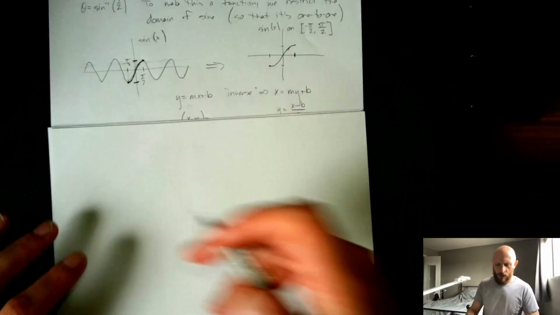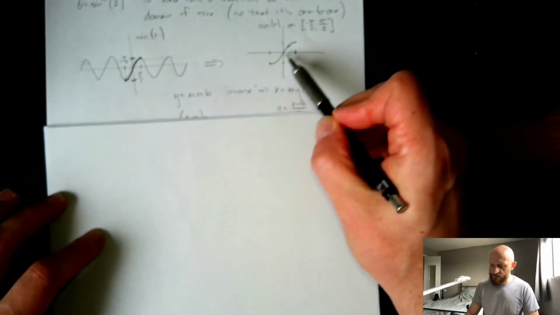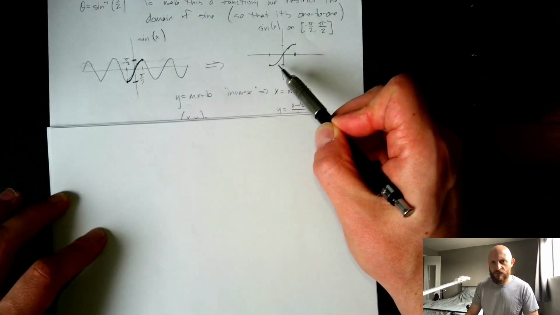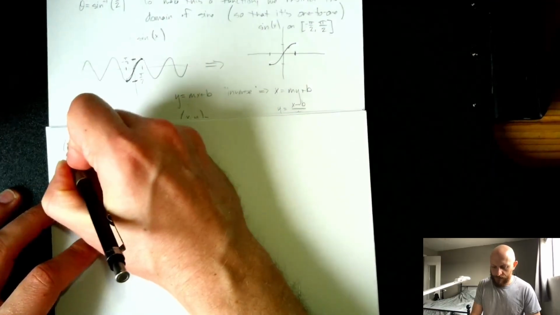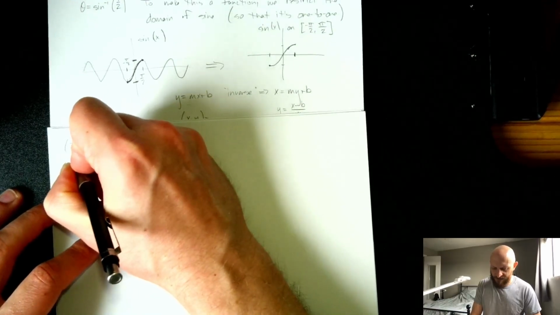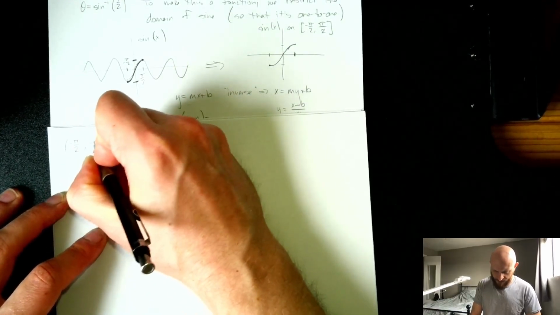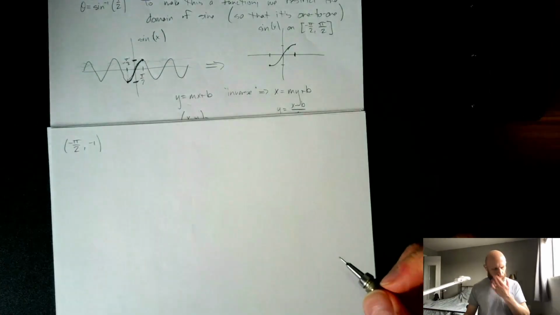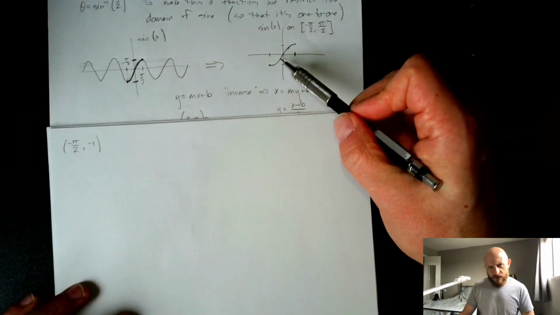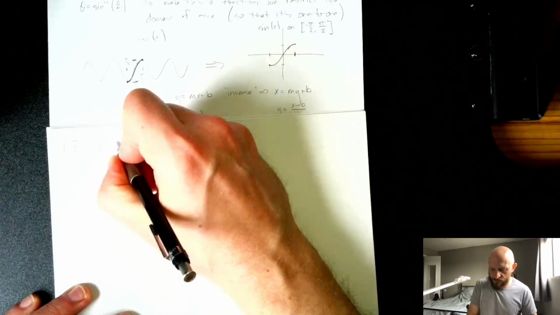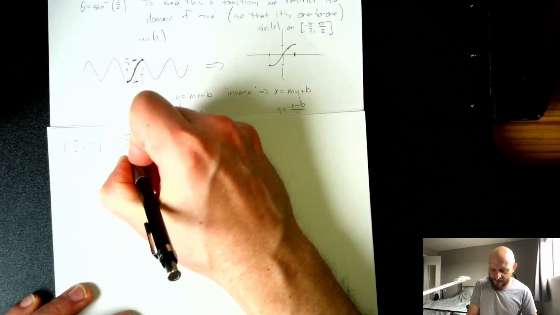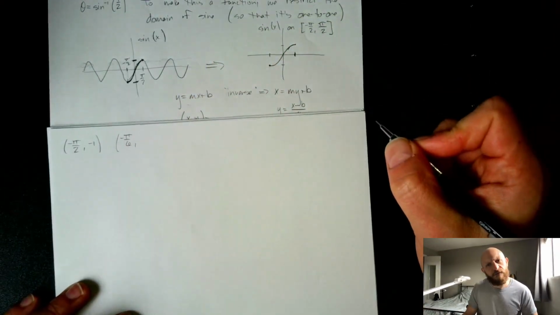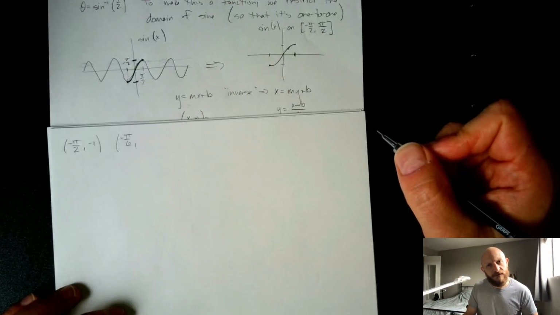All right, what are some of the coordinate pairs that are touched on this restricted domain sine function? Moving left to right, there's negative pi over 2, comma -1. It's not really listed on here, but it's a nice convenient number to work with: at negative pi over 6, what is the sine of negative pi over 6? Take a second, maybe pause the video and think about it.